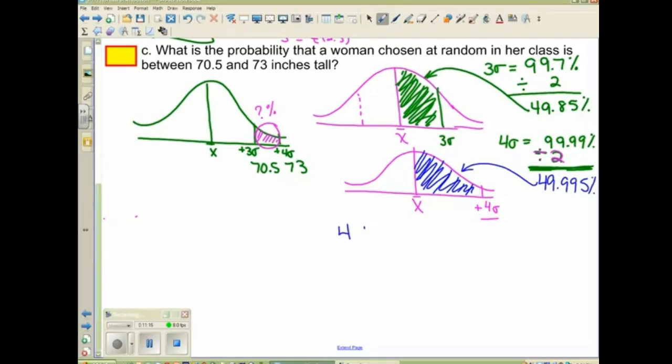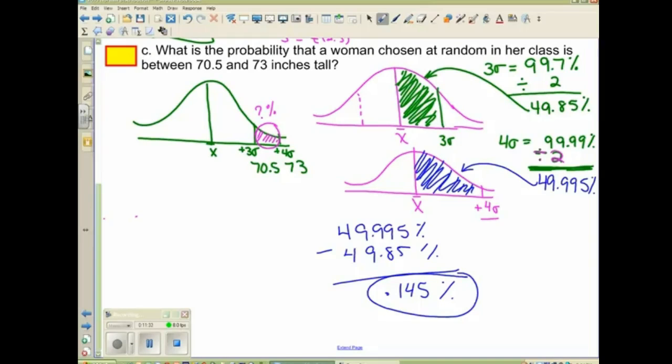If I take 49.995, 4 standard deviations, and subtract 49.85%, I am left with 0.145%, and that is what this particular value will be. So very, very small, but we know that there's very little data up in that area, or very few data pieces sitting up there.